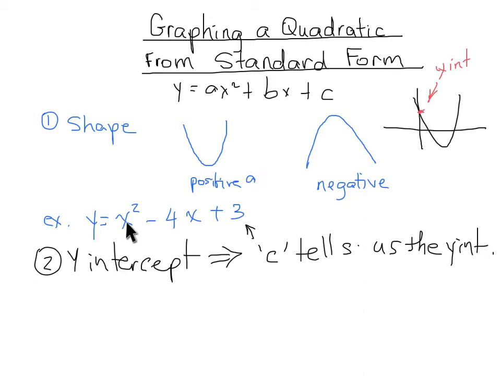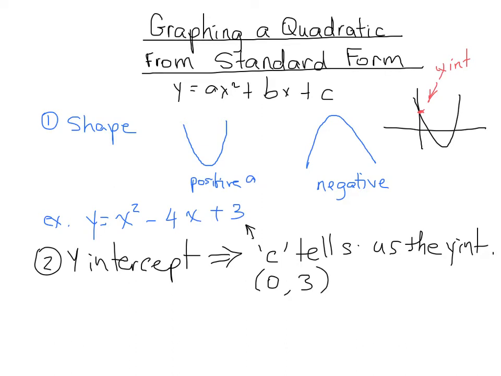So if we plug in 0 for x, we get that the y value should be 3. So our y-intercept in this case, because we have 3 as our c value, is (0, 3).